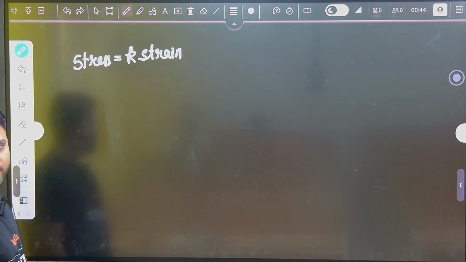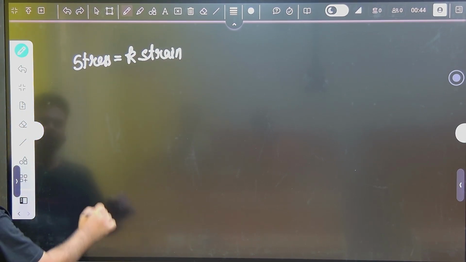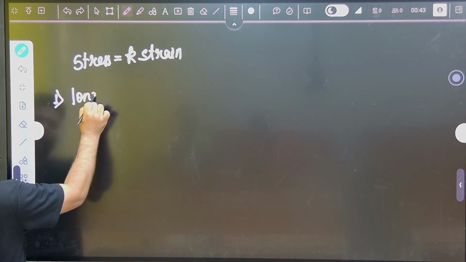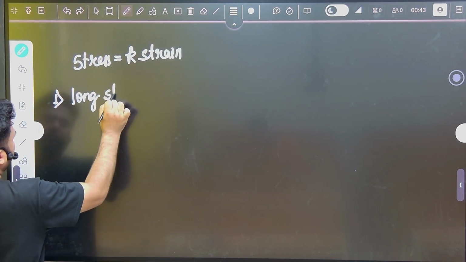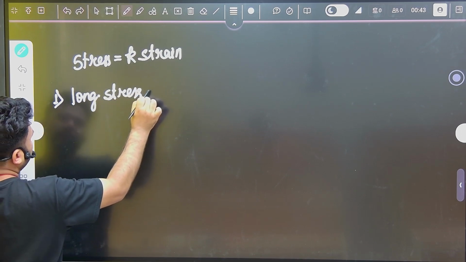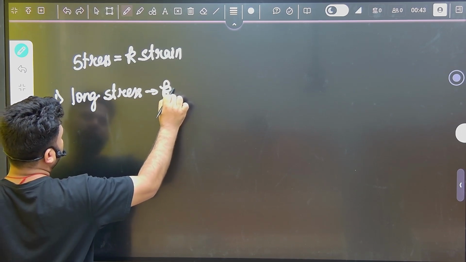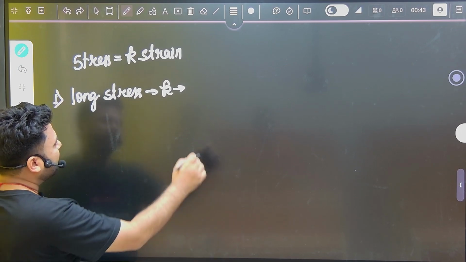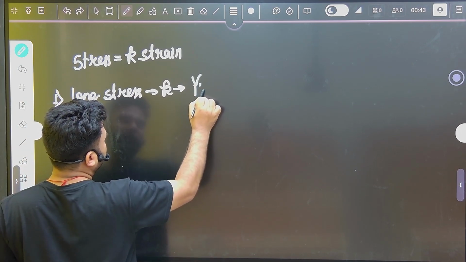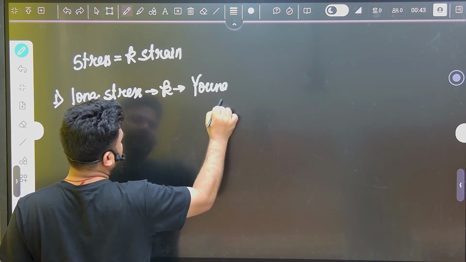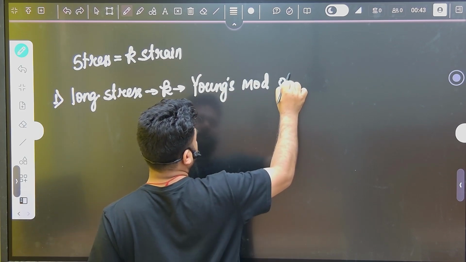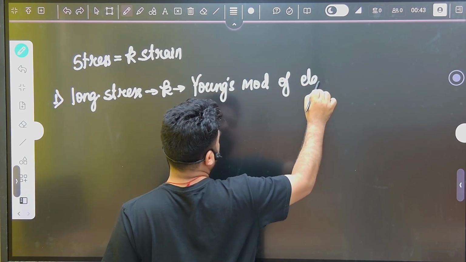But you remember one thing: whenever there is a situation of longitudinal stress, this K value we call by a special name, that is Young's modulus of elasticity. Just a special name is given.